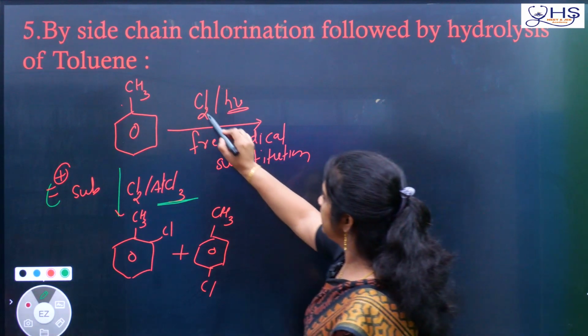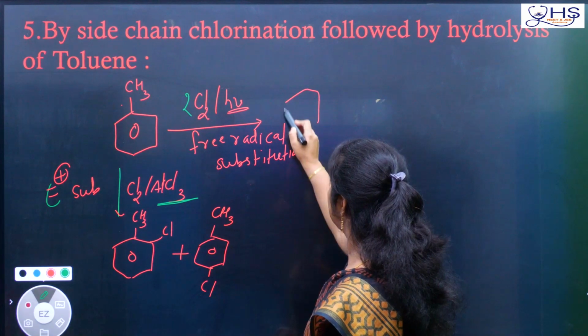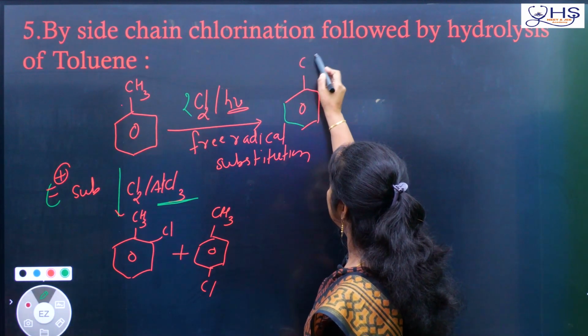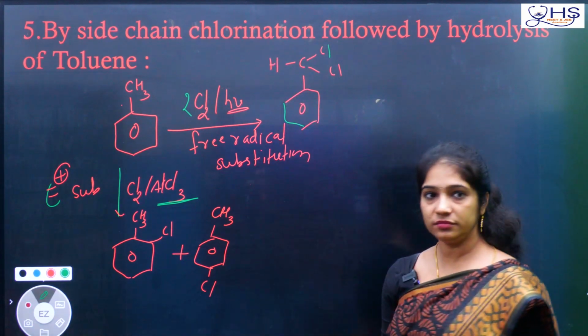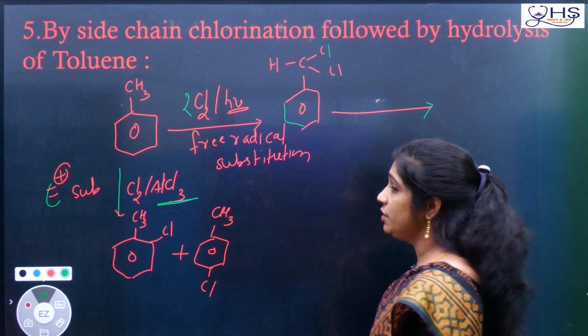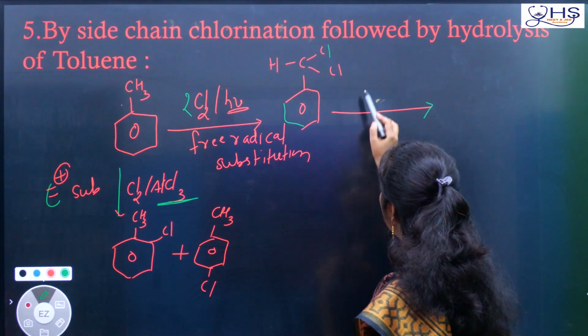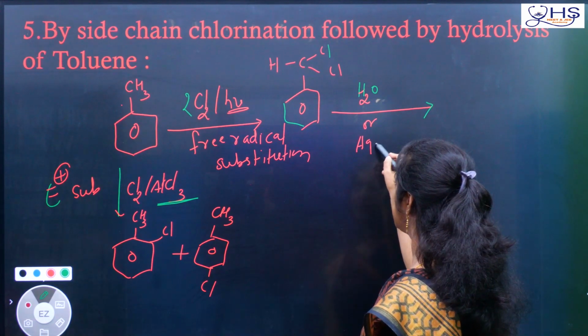So here what will happen if I am taking 2 moles of Cl2? 2 hydrogens will be replaced with 2 chlorines. So what I will get? Cl and hydrogen. Now next what I am going to do? I am going to do hydrolysis. Hydrolysis means what? You can take either water or aqueous NaOH also.